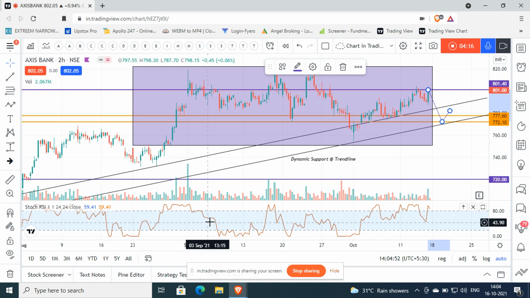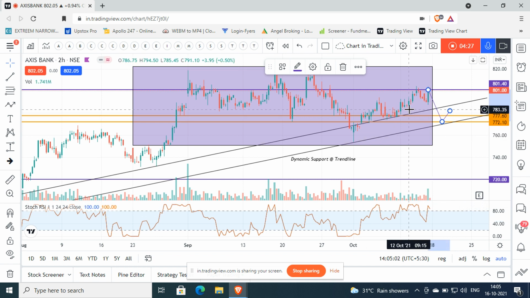Or in another way, I'm having the stochastic RSI indicator, where it was in the oversold area, and I use this as a momentum indicator. So once the momentum comes in the oversold region and pushes up higher, we can go for a long.